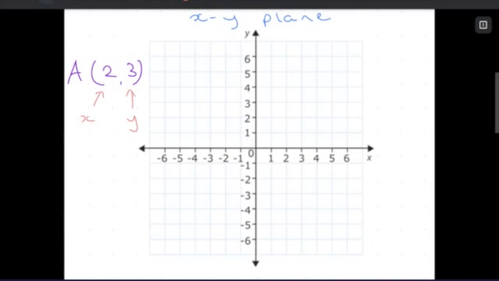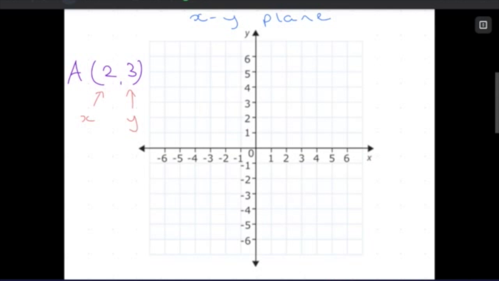So my point pretty much has two elements: some horizontal location and some vertical location. These are denoted by our numbers here, and they specifically tell us how far up or how far left and right we have to go. In plotting these, all we have to do is locate where on the horizontal we are, where on the vertical we are, and match the point on the grid lines.